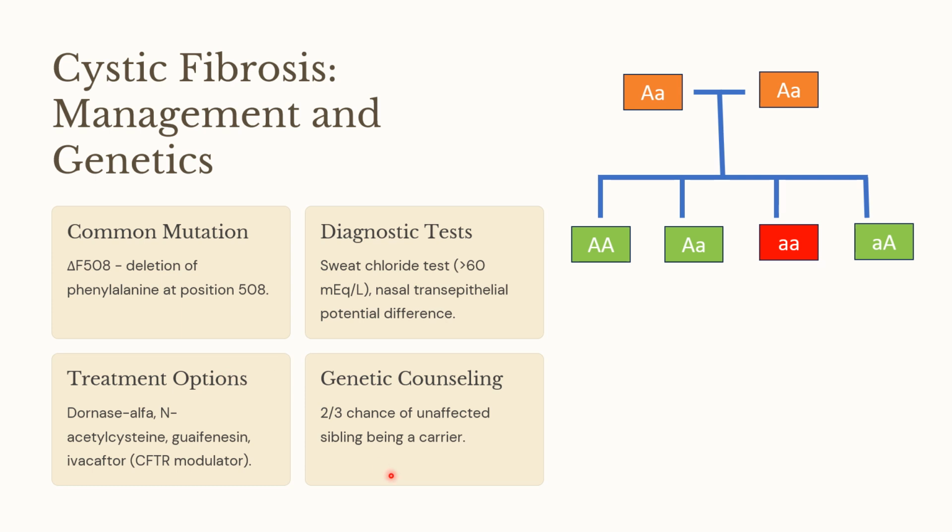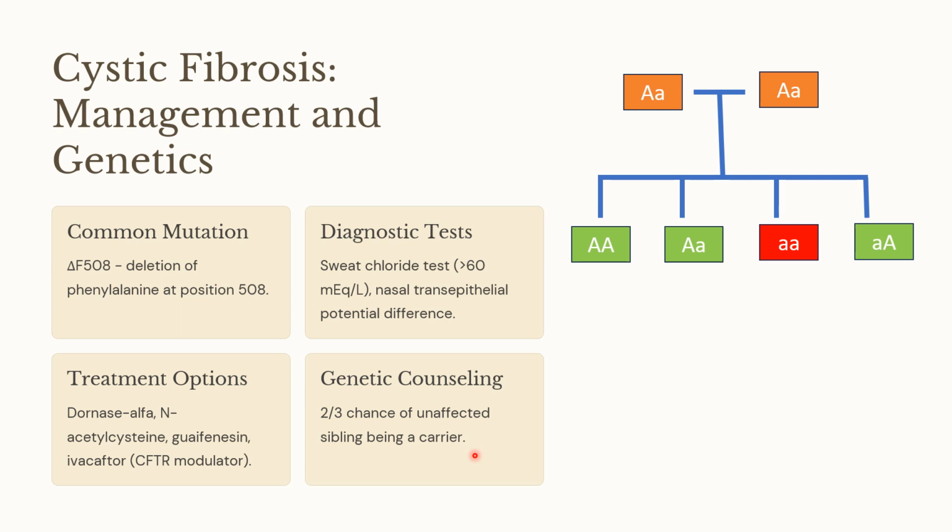Cystic fibrosis is an autosomal recessive condition. So in genetic counseling questions, sometimes they might ask, what is the chance of the unaffected sibling being a carrier? How will the question be asked? A mother and a father have come and they have a child.